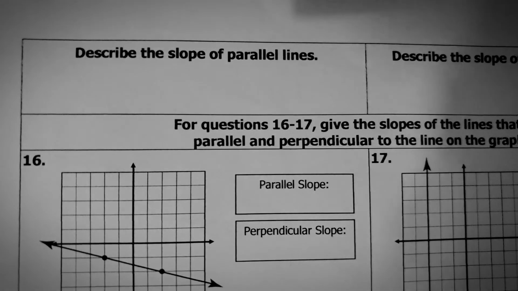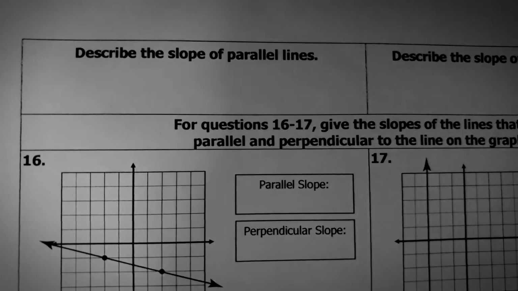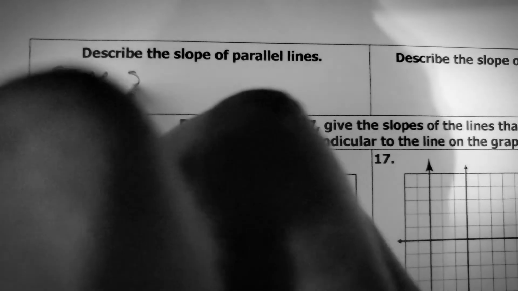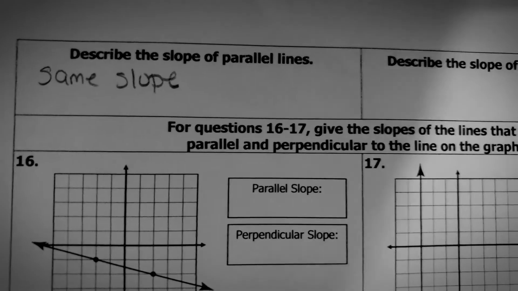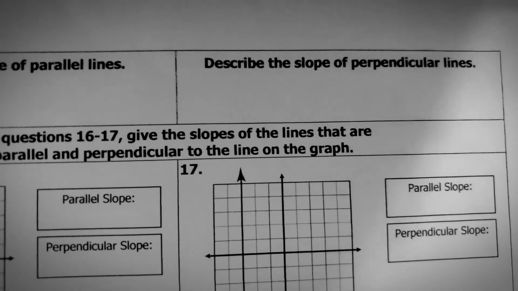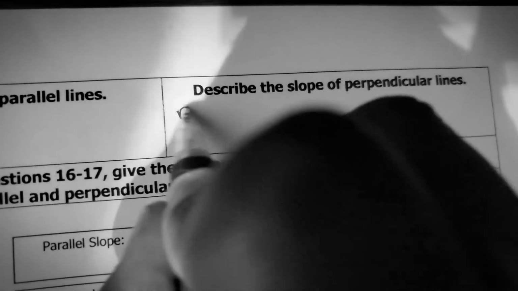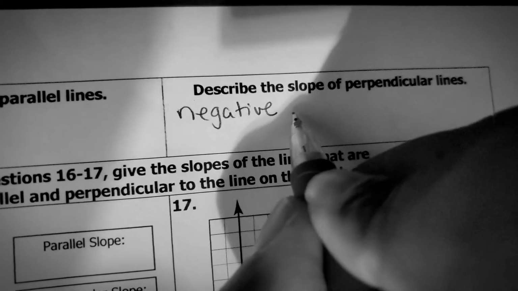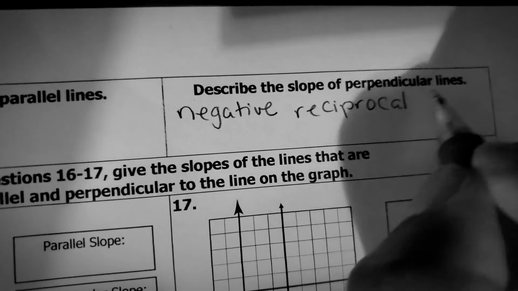Okay. It says describe the slope of parallel lines. Parallel lines have the same slope, and perpendicular lines have negative or opposite reciprocal slopes. So negative reciprocal slopes.